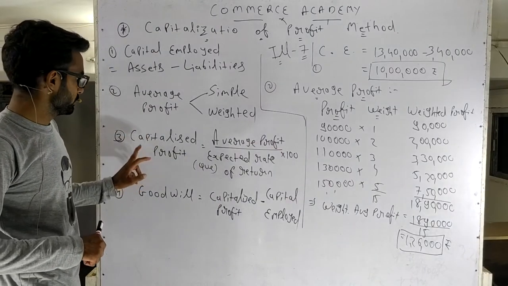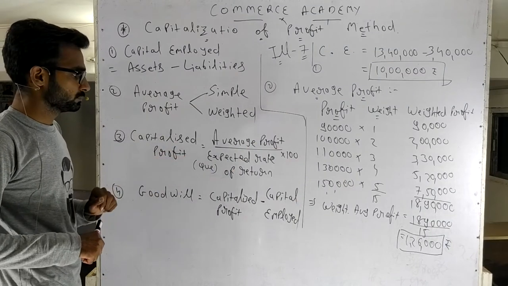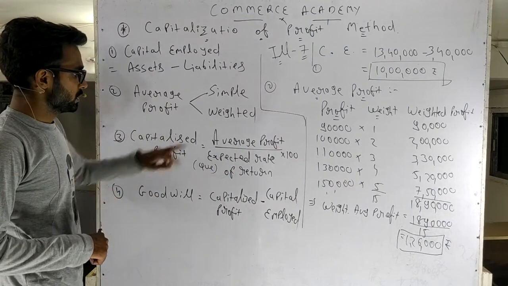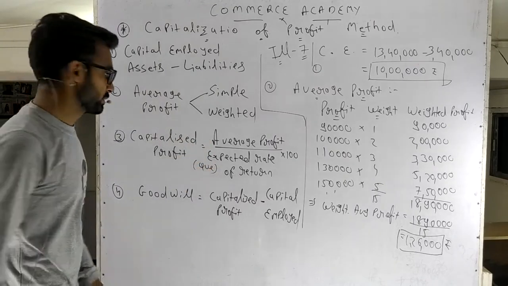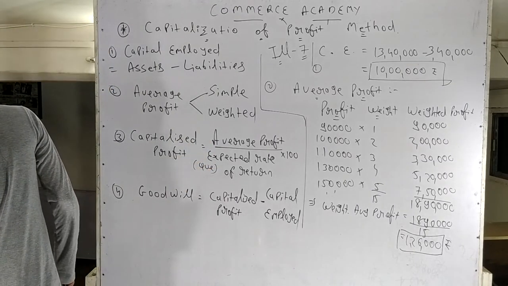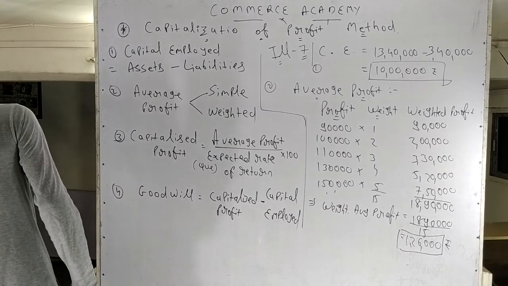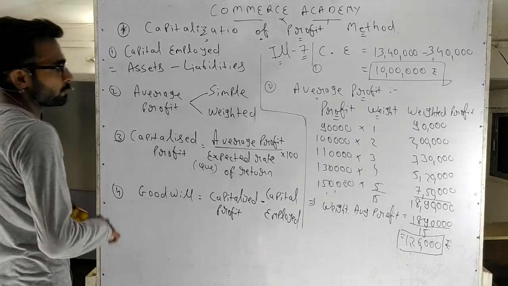Okay. So now we have the weighted average profit. Put it over here into the capitalized profit formula: 126 divided by expected rate of return. What is the expected rate of return in the question? It is 10%.